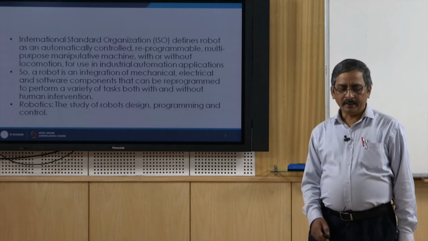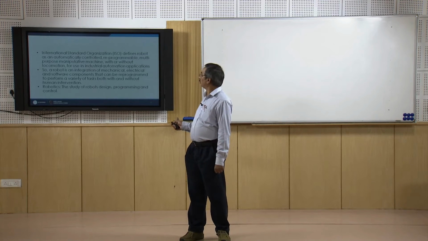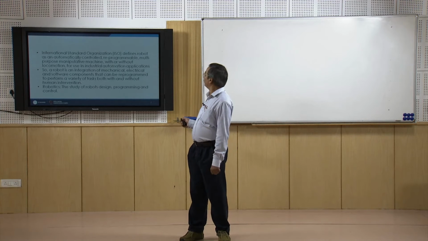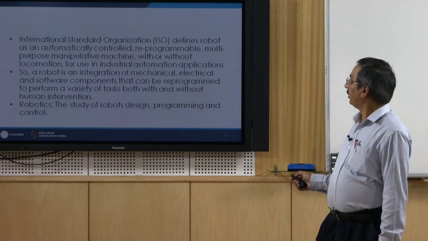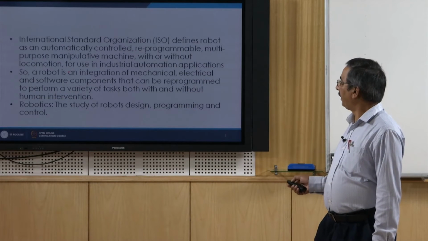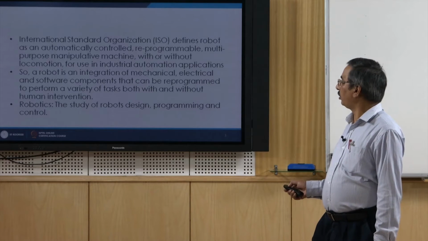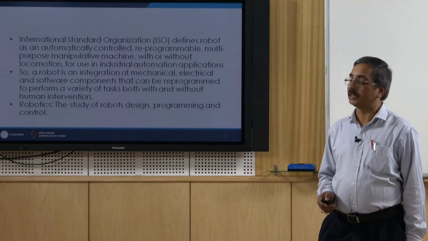There are many definitions of the robot, but I would like to go through the International Organization for Standardization, ISO, definition, which defines a robot as an automatically controlled, reprogrammable, multi-purpose manipulative machine with or without locomotion for use in industrial automation applications.